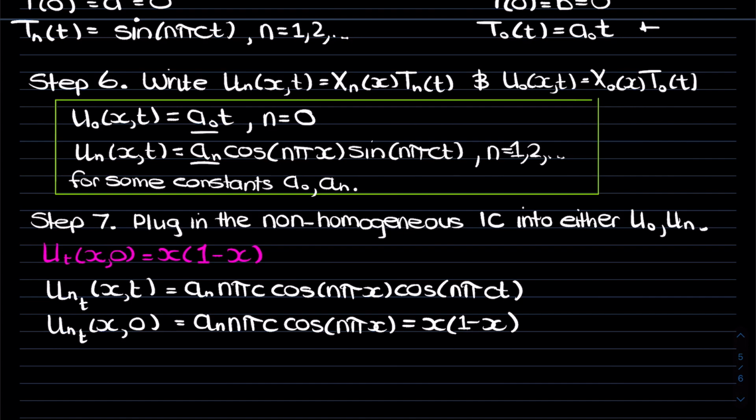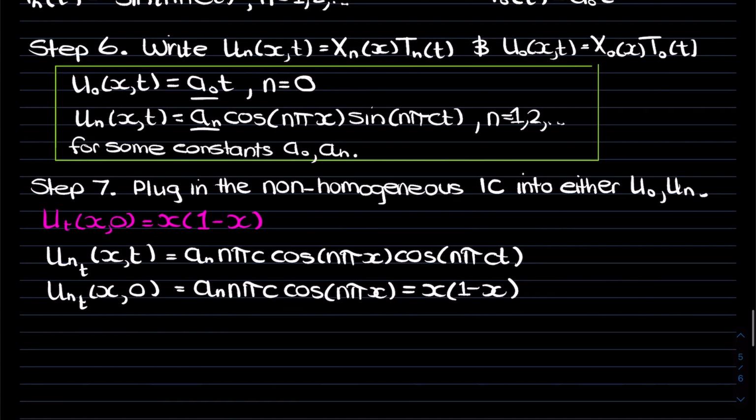x1 minus x. Now you see that if we go and solve for a n here, normally the next step would be to solve for a n. You'll see that there's no way that a n here can be a constant, and a n is a constant. We've defined it that way. So if we solve for a n, it's not a constant. What do we do? What we're going to need to do instead is to use the superposition principle.